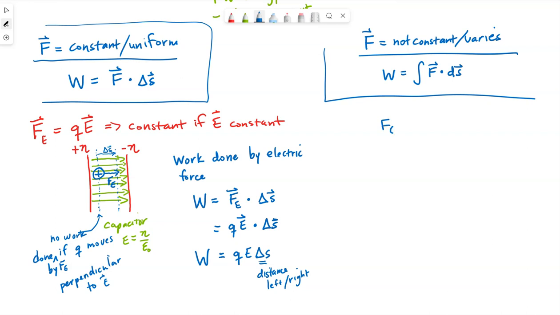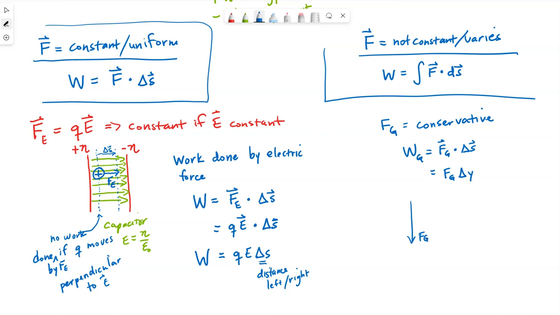The force of gravity, we said, was conservative, meaning the work done by gravity was the force of gravity dotted with the displacement, but ultimately we simply needed to know how much vertical distance, just a delta y, was covered, because the force of gravity points straight downwards.